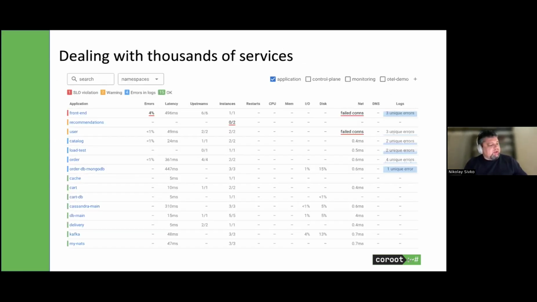And yeah, I'm almost finished. The important part here is being able to deal with many services at once. That's why in Coroot we invested a lot of time implementing the right overview, because here we can have many services and we sort the application health status by importance.